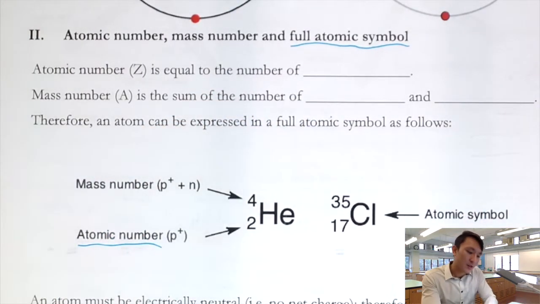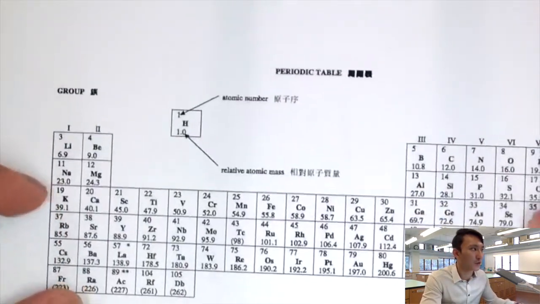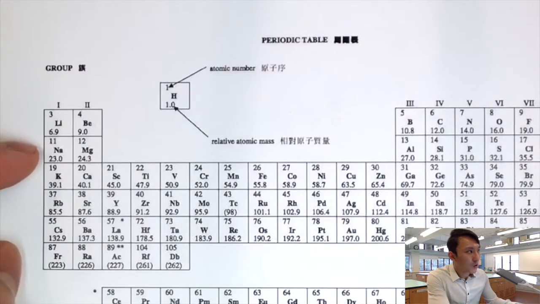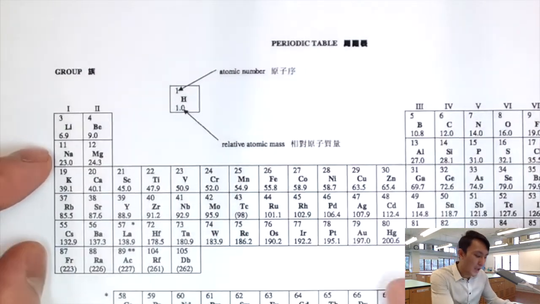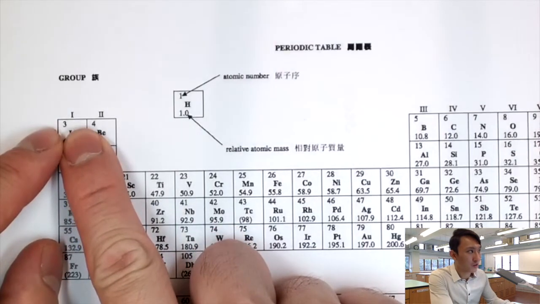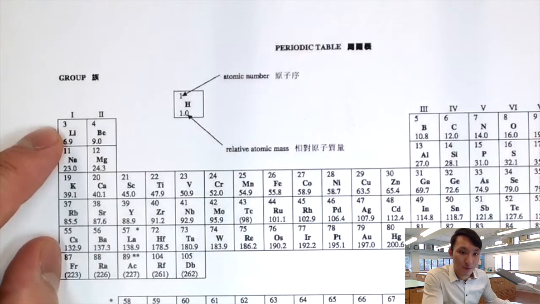If you have a periodic table, which is at the back of the notes, you see all these are the elements, and all of these elements will have a number on the top left-hand corner. And this number is what we call the atomic number. So the atomic number basically shows its position on the periodic table.